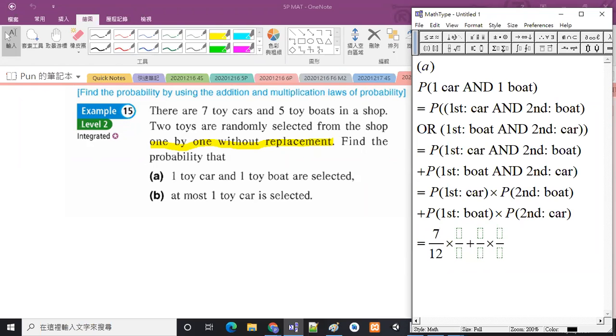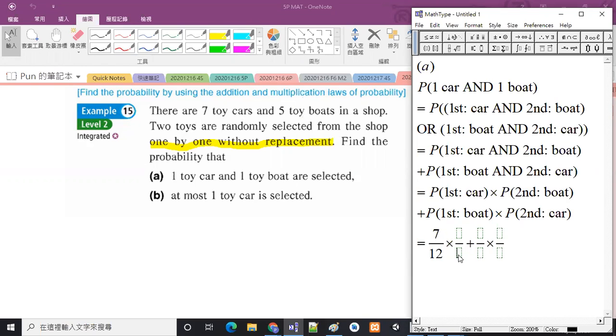And then the next fraction is about the second selection is a boat. When we do the second selection, how many options are remaining? When we have selected the first toy car, then in the shop there will be 6 toy cars remaining and 5 toy boats remaining.